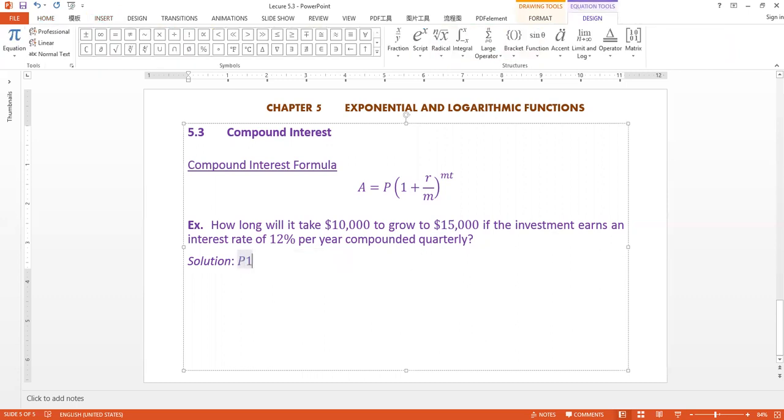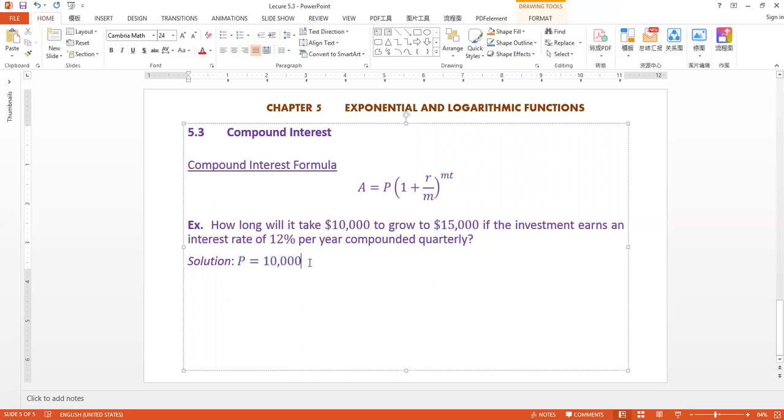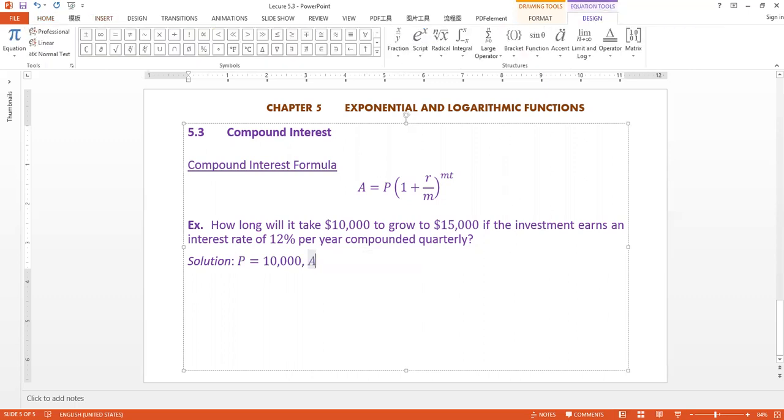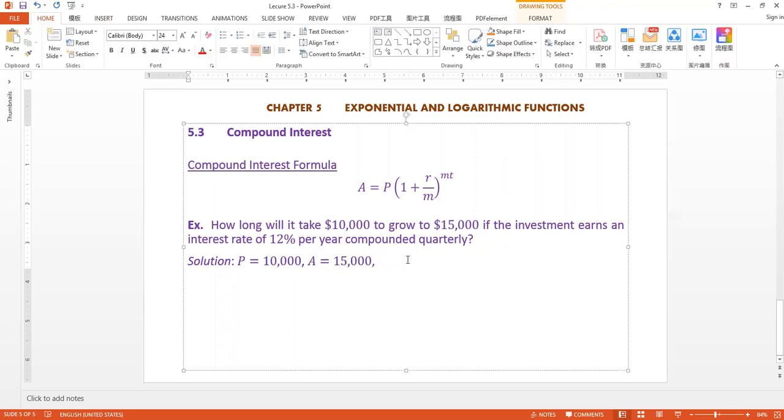P equals 10,000, and A is 15,000. R equals 12%.